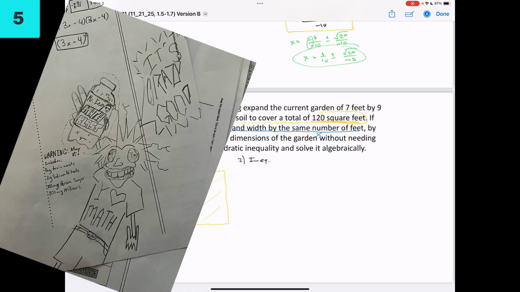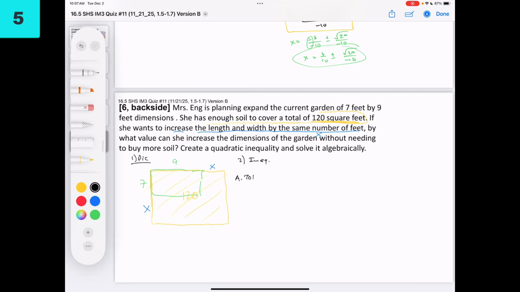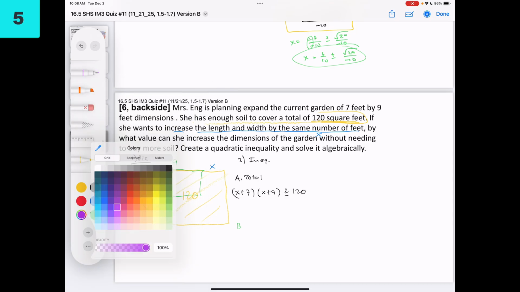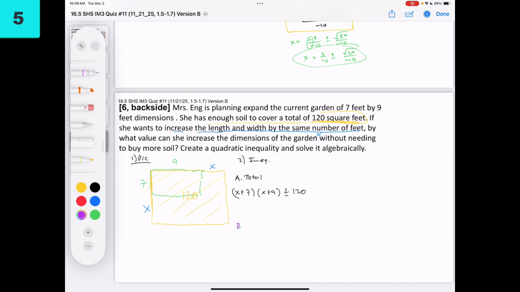So you could do 2 equations here. You could do the total. So x plus 7 times x plus 9 is less than or equal to 120. Another equation you can get, let's try a different color, is just this area right here.